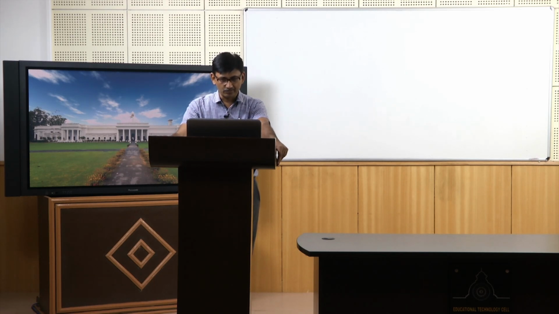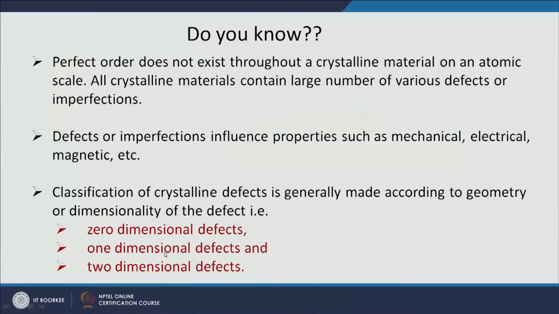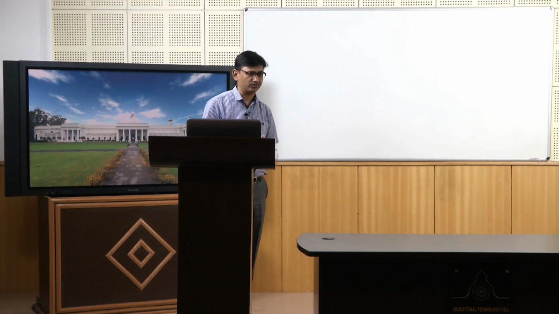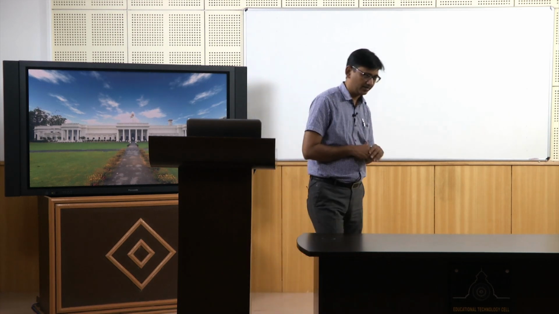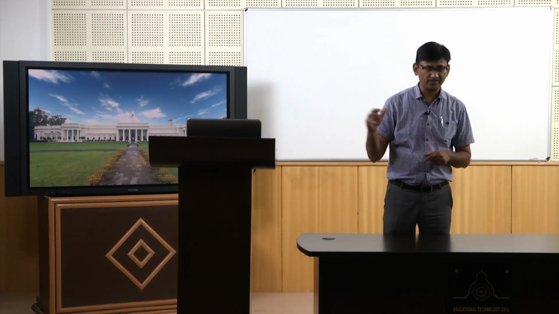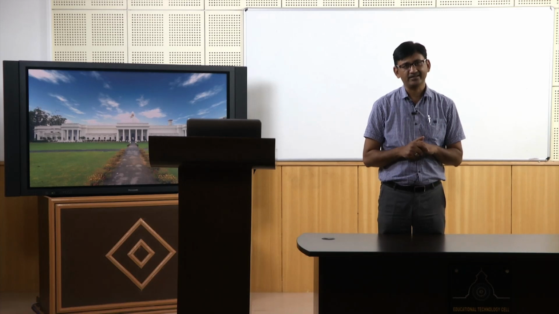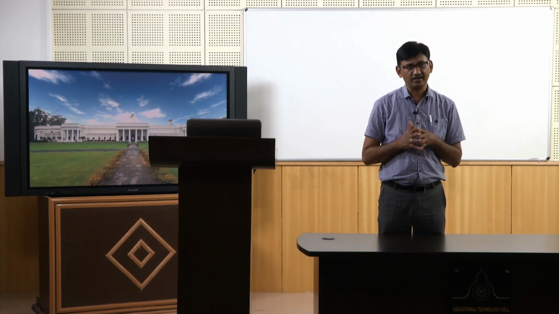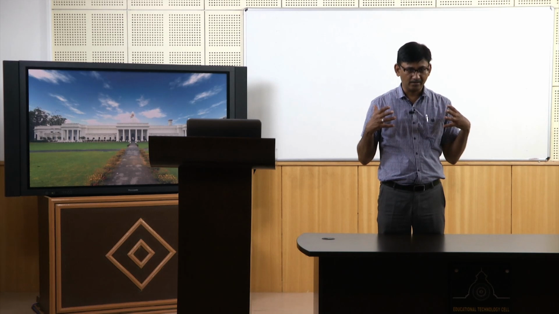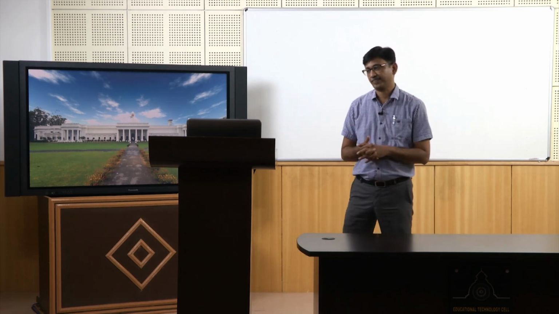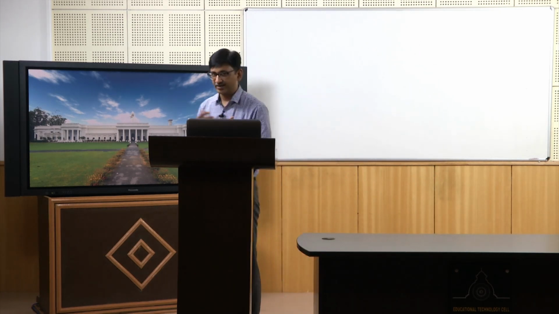If I want to quantify them, defects are basically classified based on their geometry, and they are called 0-dimensional defects, 1-dimensional defects, or 2-dimensional defects, and there are volume defects also, but we are not talking about those in this lecture, because we are interested in the defects which are related to or guided by the crystals.